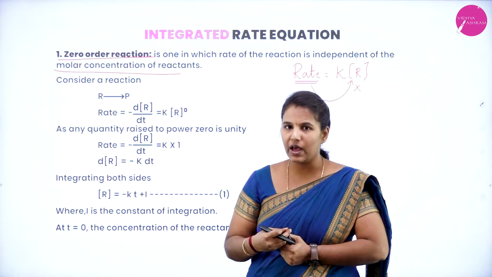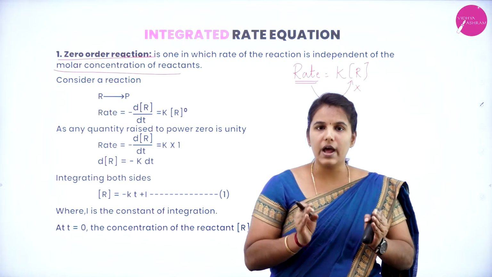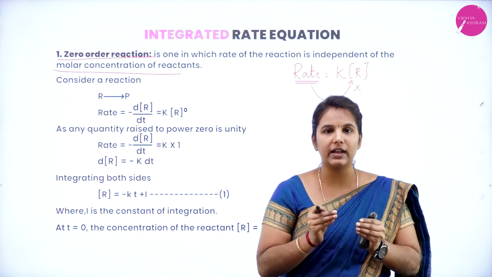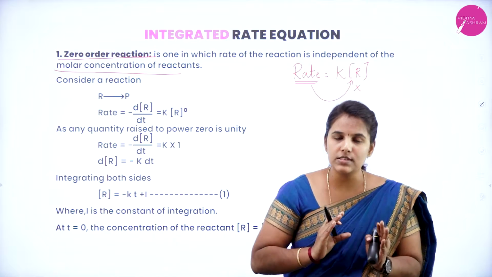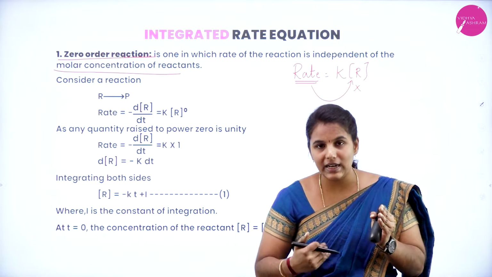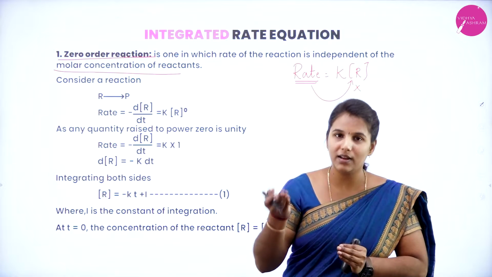Because already we have understood that at time 0, the molar concentration of the reactant will be the same. But as time passes, the concentration of the reactant will start decreasing and the concentration of the product will start increasing.